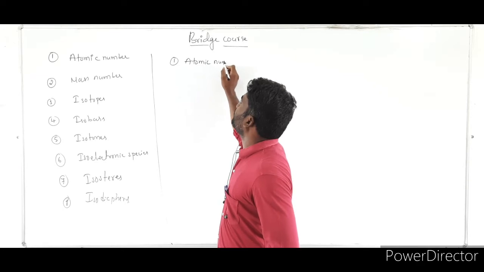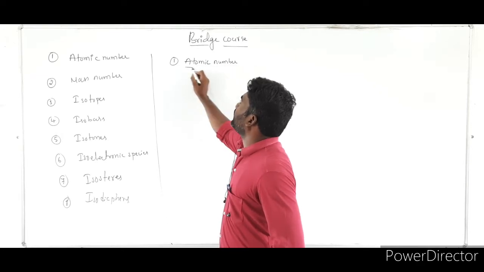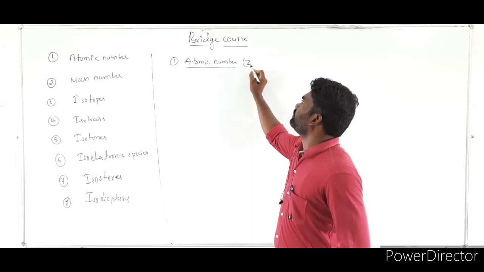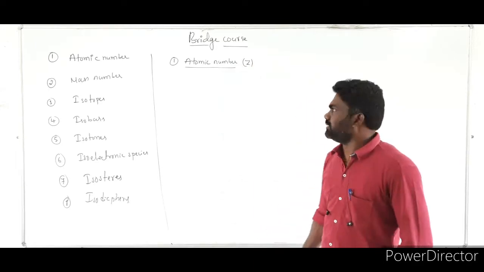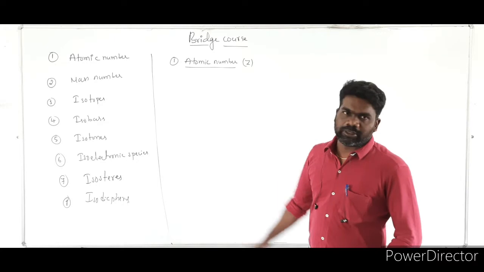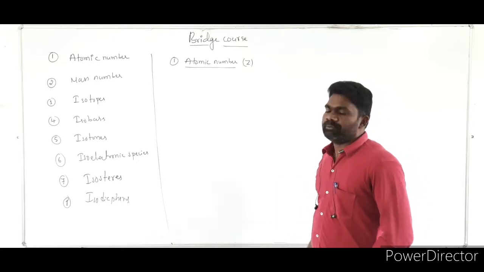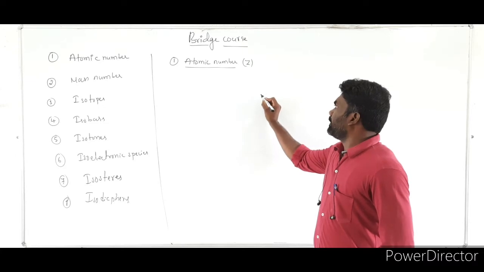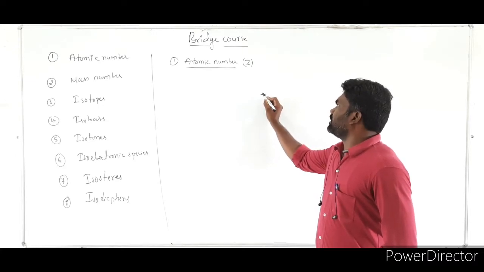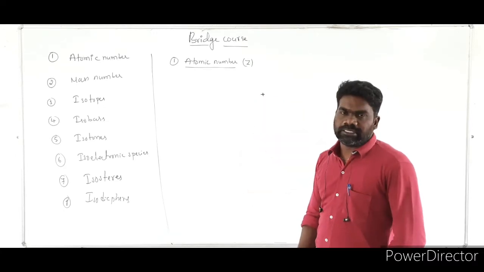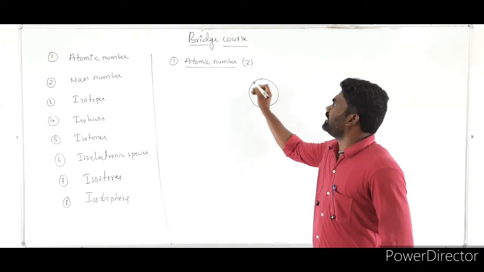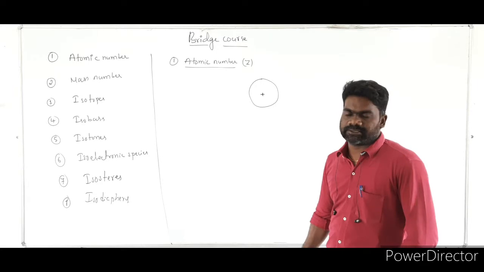Atomic number is denoted by the letter Z. So, what is the exact meaning of atomic number? In our atomic structure, we learn about atom and its nucleus. The center part of an atom is called the nucleus, and electrons are continuously revolving around the nucleus in definite paths called orbits.